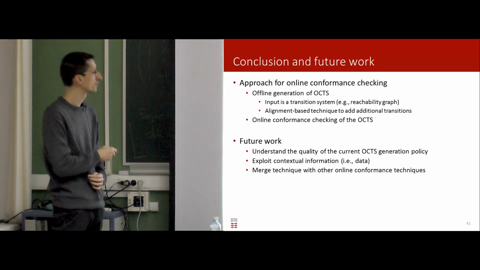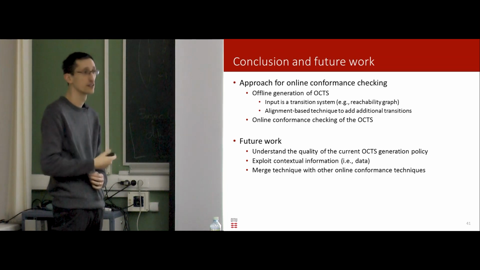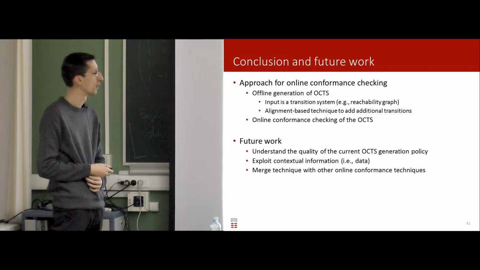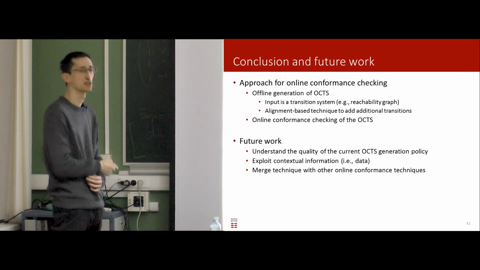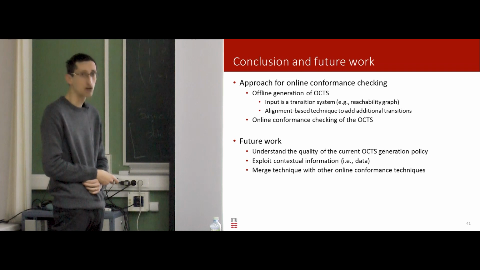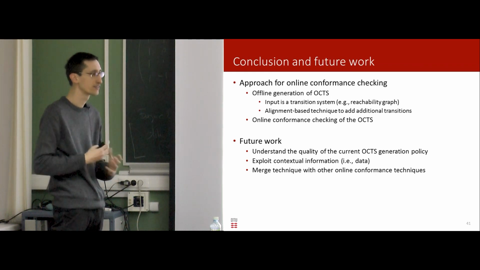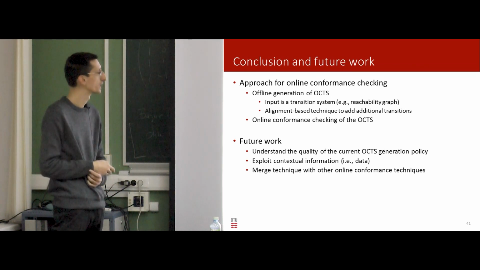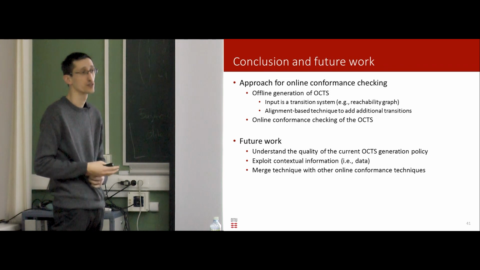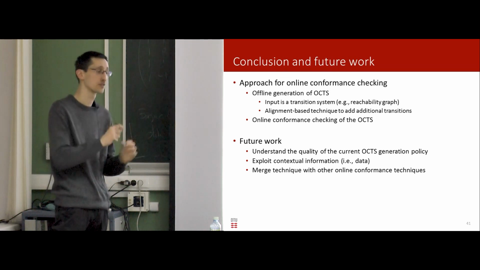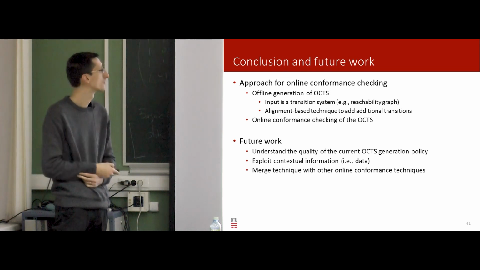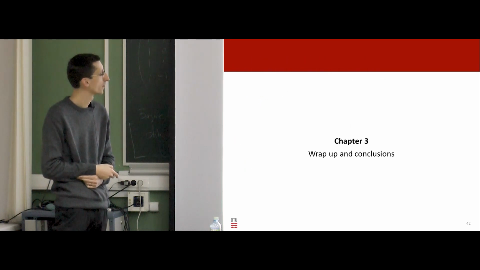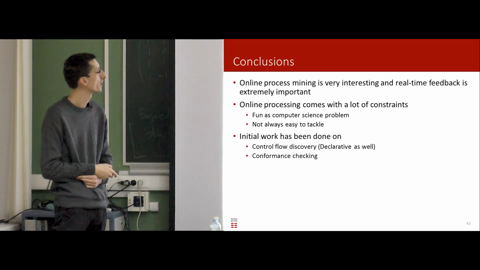But the advantage is that then we can indeed do conformance checking based on that. And actually, I'm working on this topic right now. We're planning to extend this approach to see if we're able to, for example, exploit contextual information, because right now, contextual information is basically ignored, except for this similarity, but it's still a bit of a challenge.